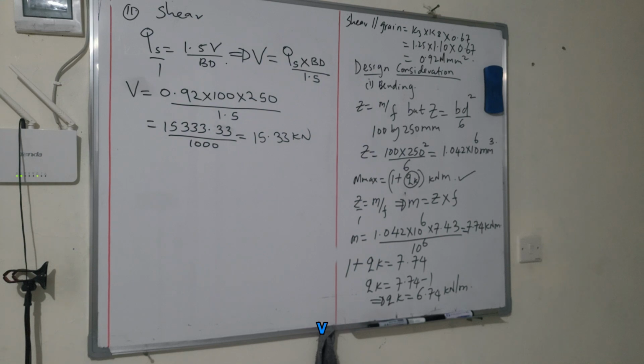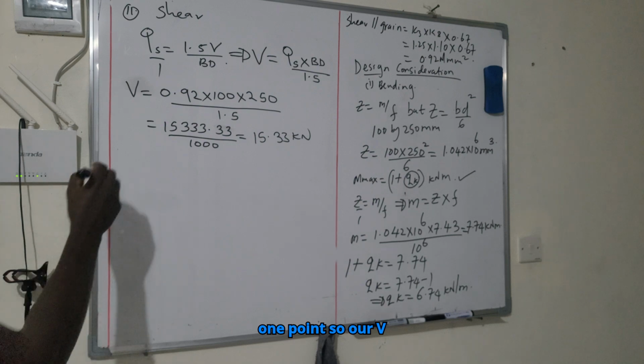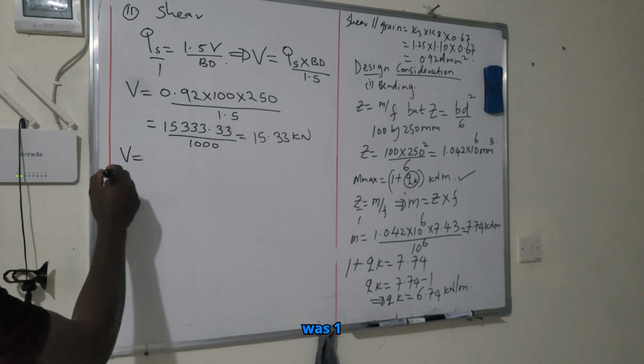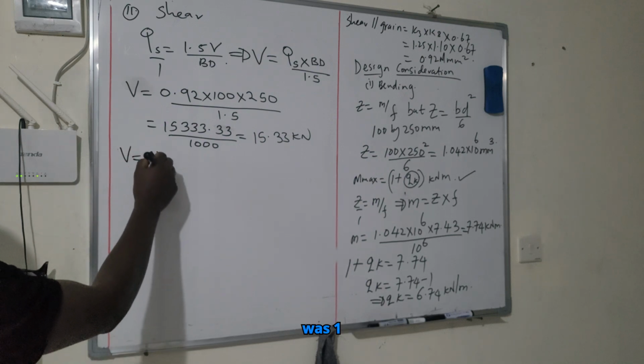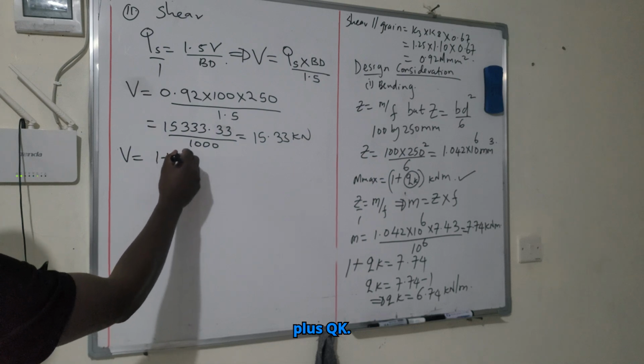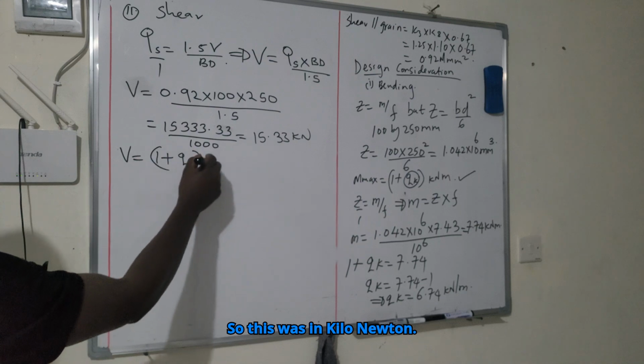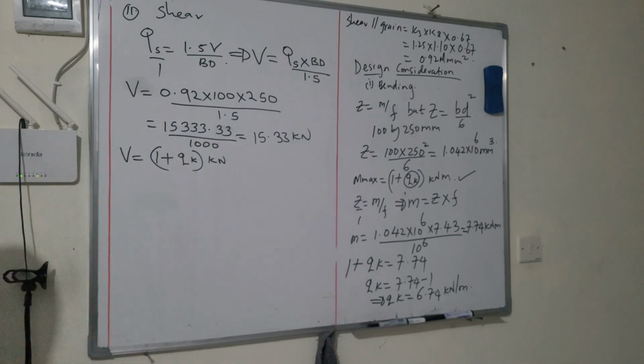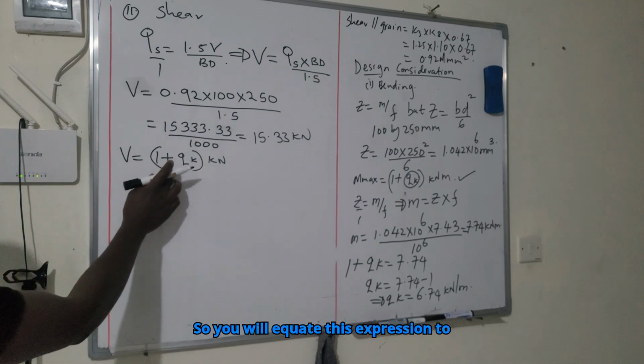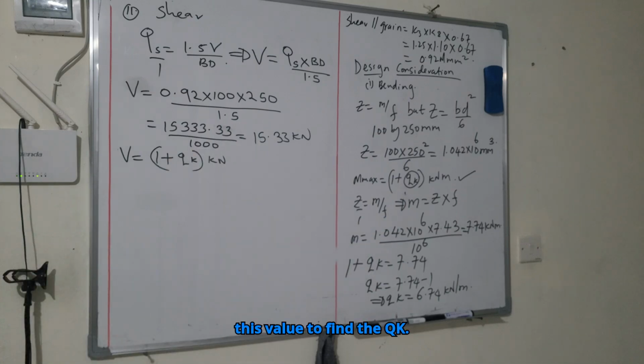And remember, our V from the beginning was 1 plus QK. So this was in kilonewton. So you will equate this expression to this value to find the QK.